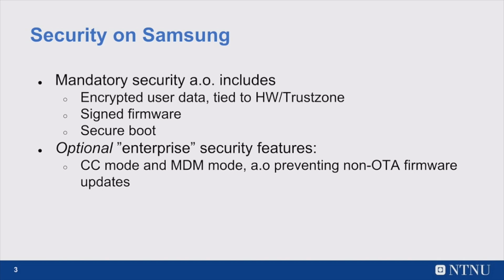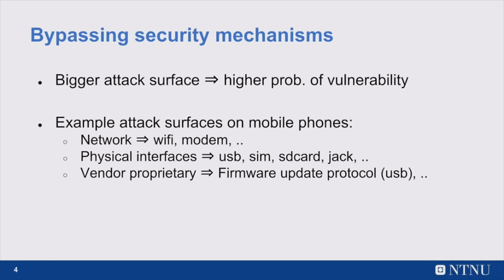Examples are, of course, Wi-Fi, the modem, and the physical interfaces like the USB plug, the SD card interface, the SIM card interface, et cetera. In this sense, this firmware update protocol, which is non-over-the-air, meaning we can actually plug something in and do firmware updates, is important because it's an increased attack surface of the device.